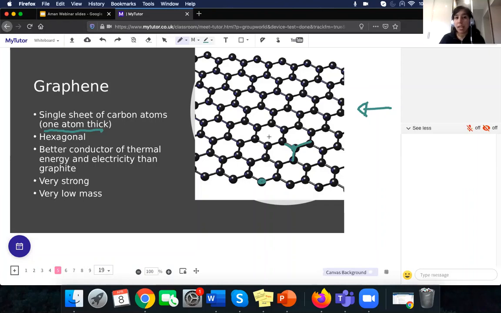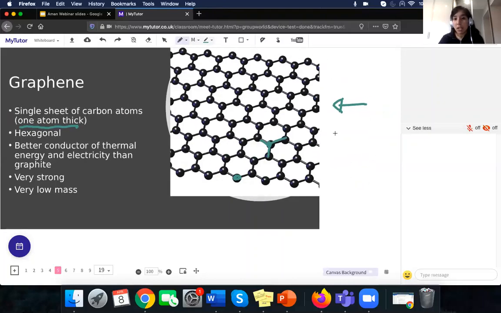And the reason for that is that there is less resistance. So in graphene, there is only this one layer of carbon atoms that the electrons have to carry charge through. Whereas in graphite, we have these layers of carbon atoms, so they have to traverse the layers. If you imagine this is one layer, we've got intermolecular forces, another layer, intermolecular forces.